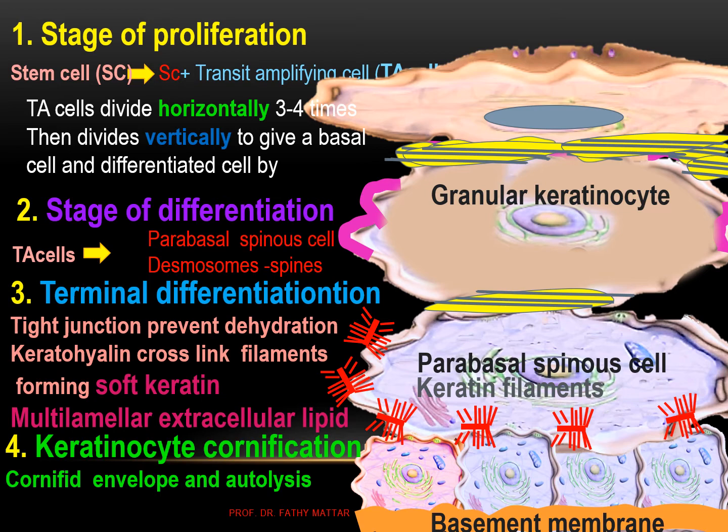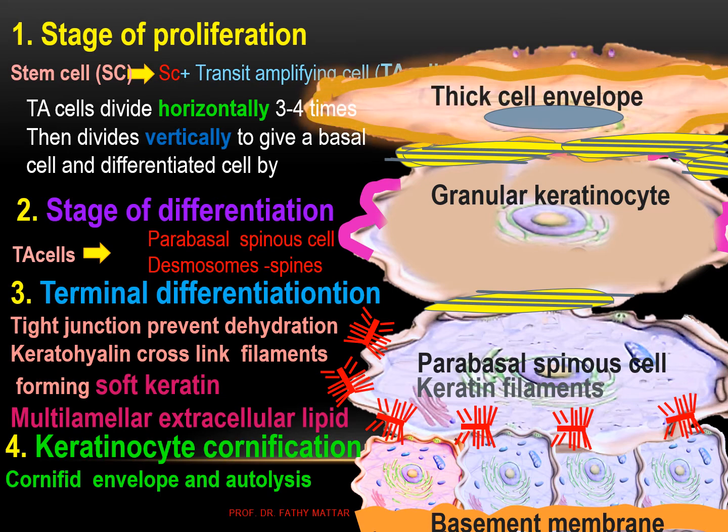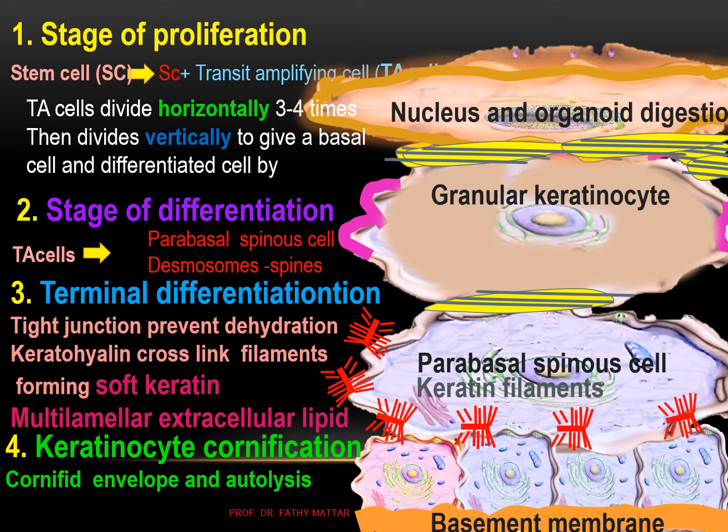The cornification of keratinocytes starts with the formation of a cornified envelope under the cell membrane. The lysosomal enzymes start digesting the nucleus and the cellular organelles within these cells, so this is a special process of apoptosis that occurs in the epidermis.